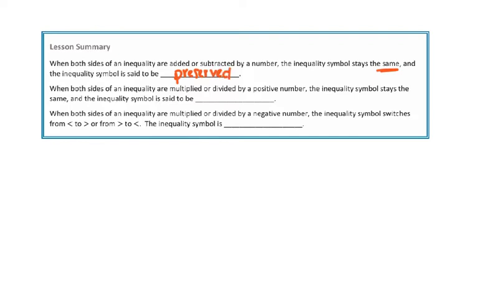When both sides of an inequality are multiplied or divided by a positive number, the inequality stays the same, and the inequality symbol is said to be preserved. And then finally, when both sides of the inequality are multiplied or divided by a negative number, the inequality switches, and so the inequality symbol is said to be reversed.